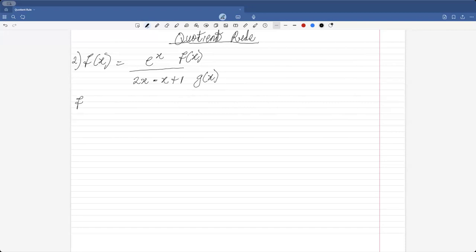So our formula f prime x equals the derivative of e to the x is still e to the x, followed by the bottom function 2x minus x plus 1, close parenthesis, minus the derivative of 2x minus x plus 1 is 2 minus 1.